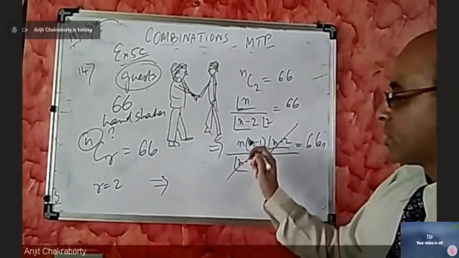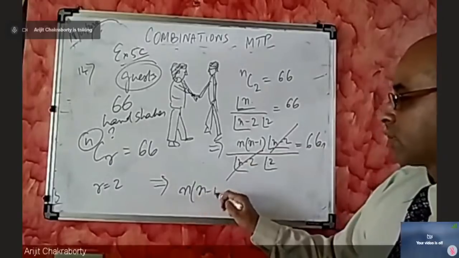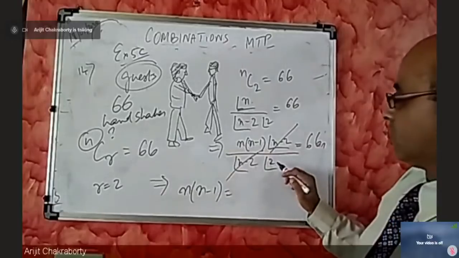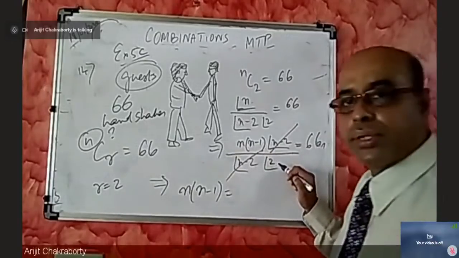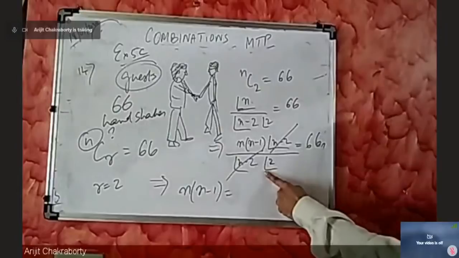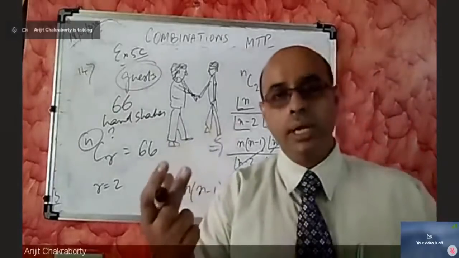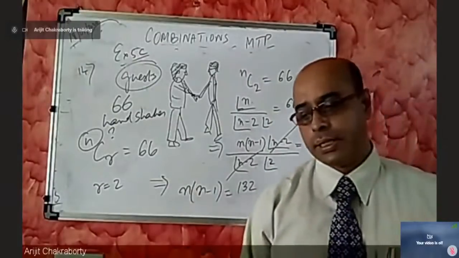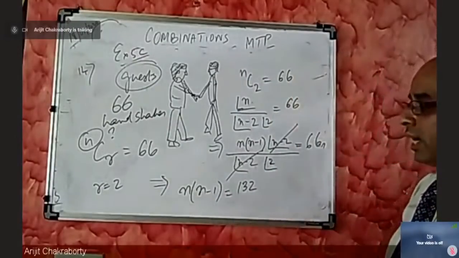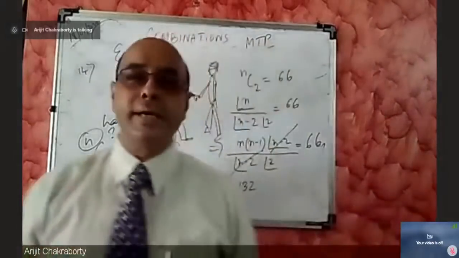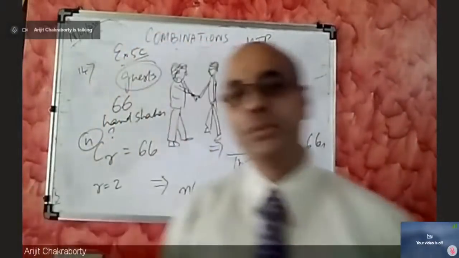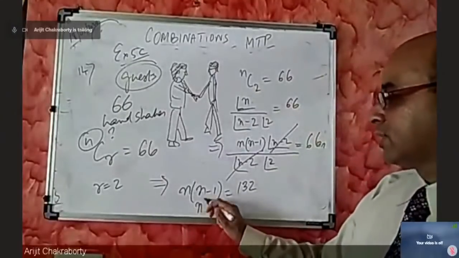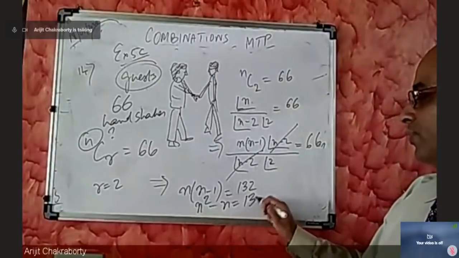Now you have n into (n minus 1) equal to 66 into 2 factorial. 2 factorial is 2. 66 into 2 gives you 132. So we get ultimately, again and again, a quadratic equation. If you multiply, you get n square minus n is equal to 132.